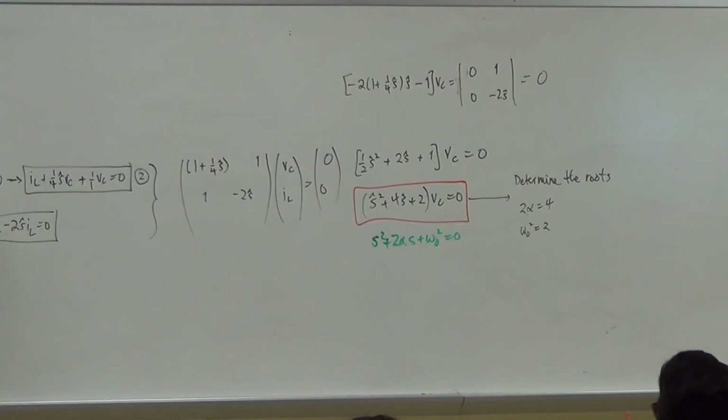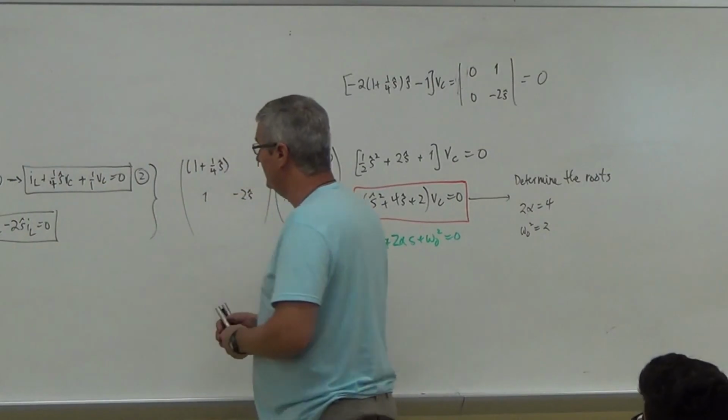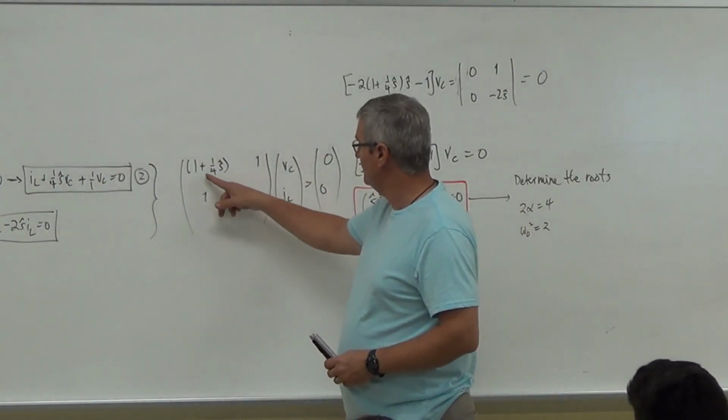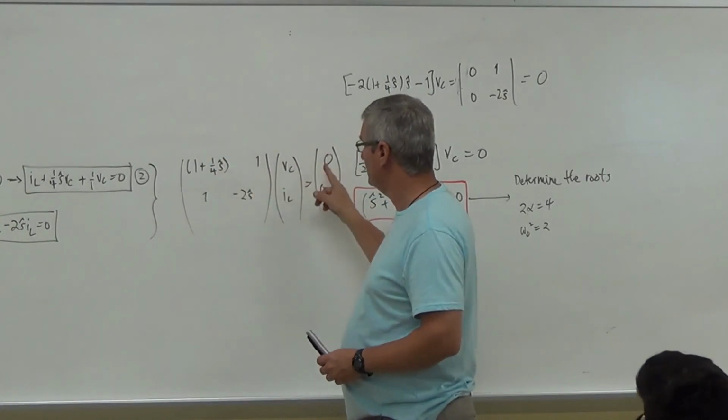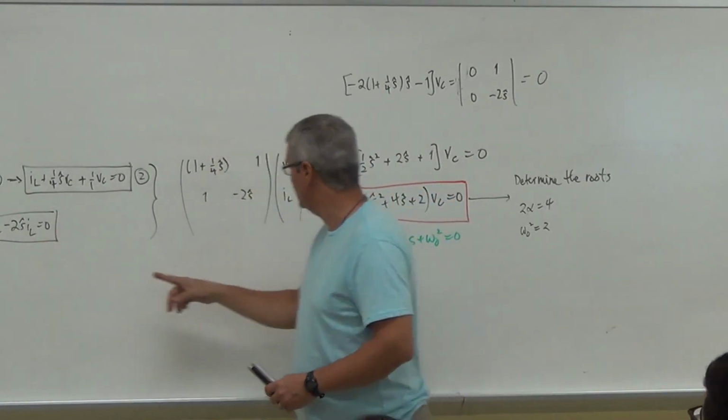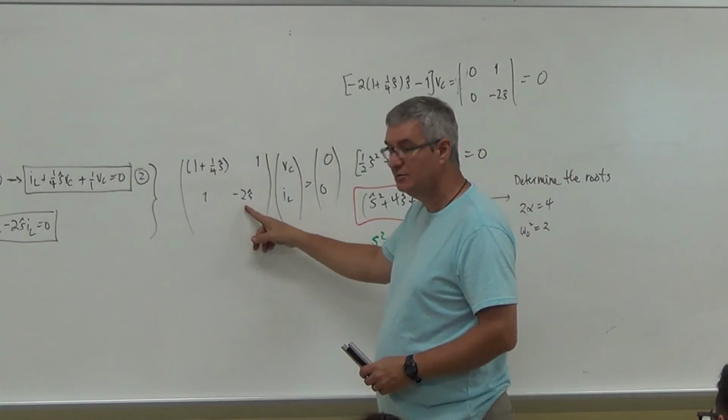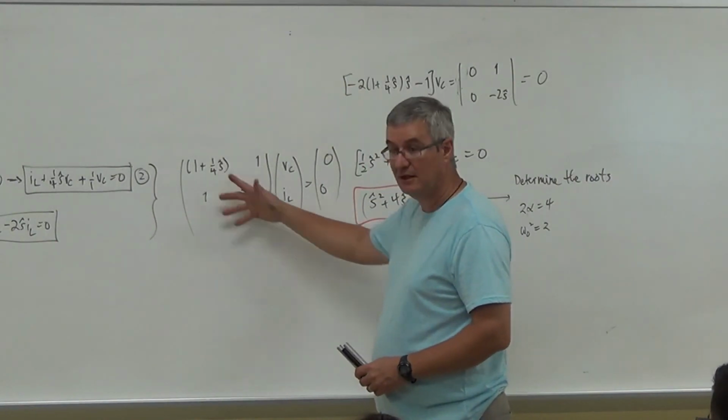This has to be true. So I get a quarter VC. That looks good. This guy, 2. That looks good. So when I come over here, it's got to be VC plus a quarter S hat. Okay? This guy looks like 1 minus 2 S hat. I think that looks good.